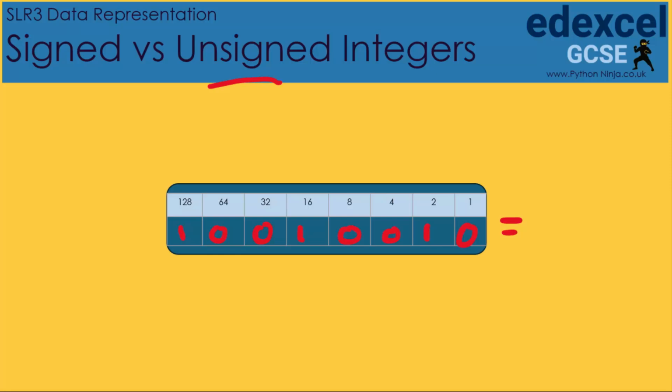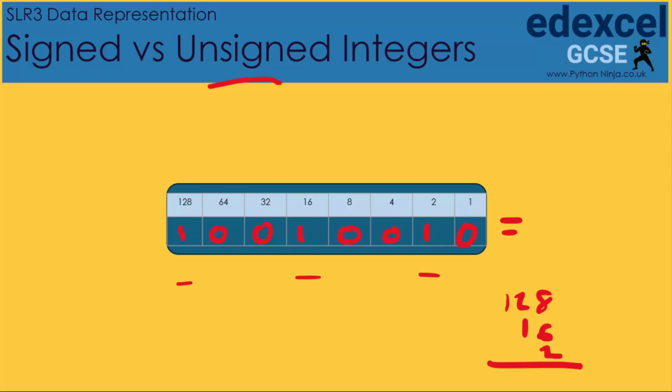So it's an unsigned integer, so that means it's 128 plus 16 plus 2. Now, some of you may be much better at mental arithmetic, but particularly in a test situation, there is nothing wrong with writing this out in longhand. So 128 plus 16 plus 2, see I almost made a mistake there.